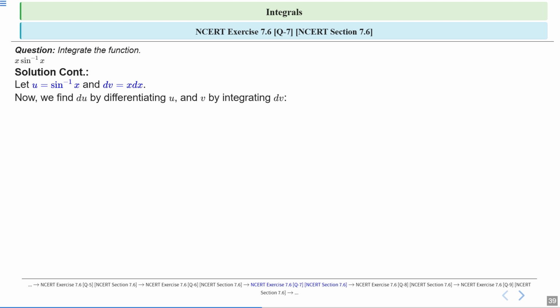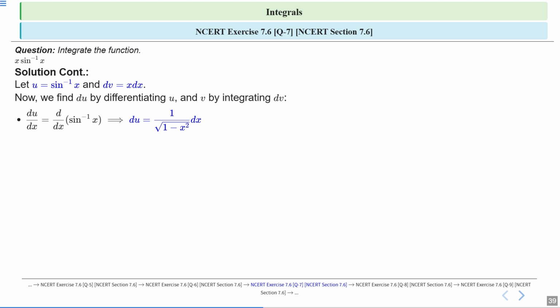Now we have to find the value of du and v. To get du, we just differentiate u is equal to sine inverse x, and to get the value of v, we just integrate dv. So at first we differentiate u with respect to x. Differentiation of sine inverse x gives du is equal to 1 by root under 1 minus x square dx.